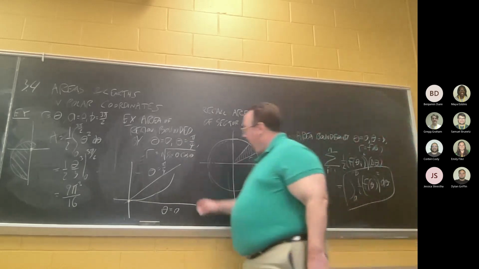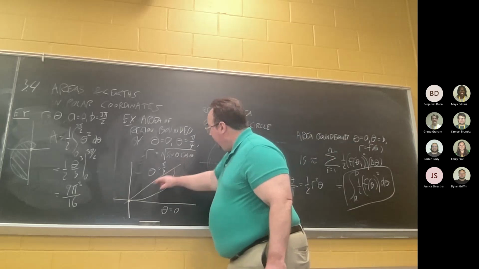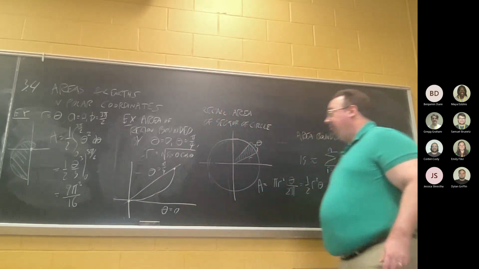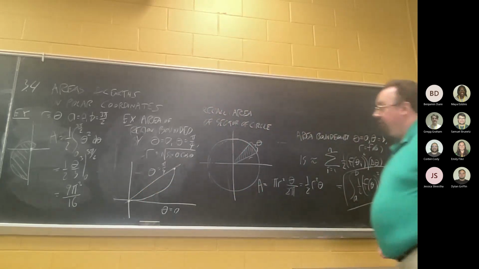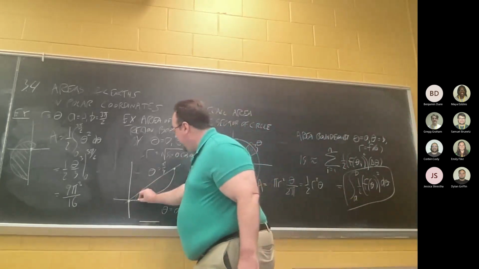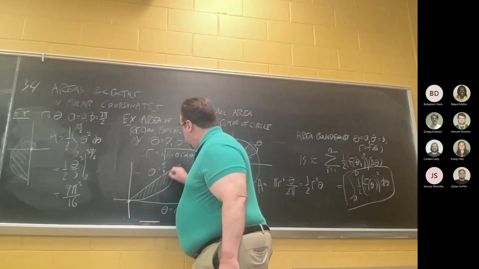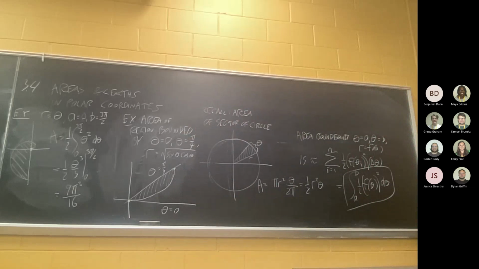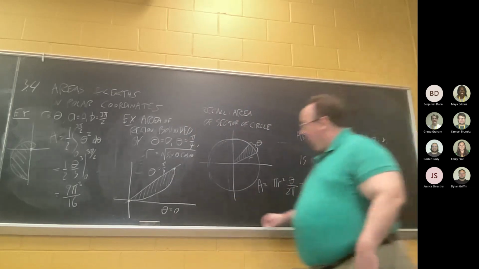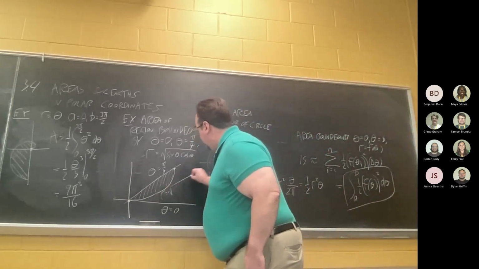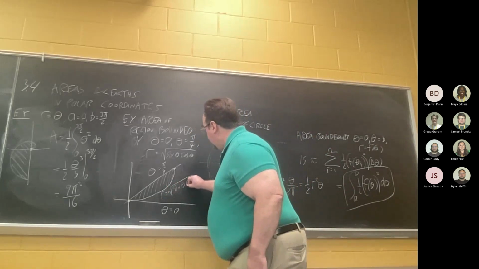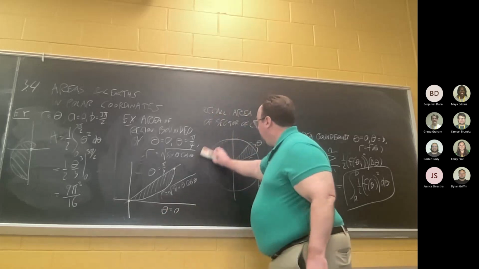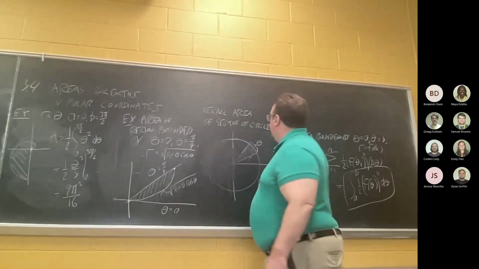So out here, this distance is going to be the square root of 1/2, or square root of 2 over 2. So it's this region that we want the area of. So this is the polar curve defined by our polar equation.